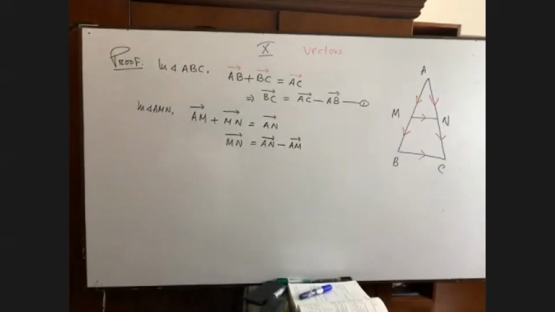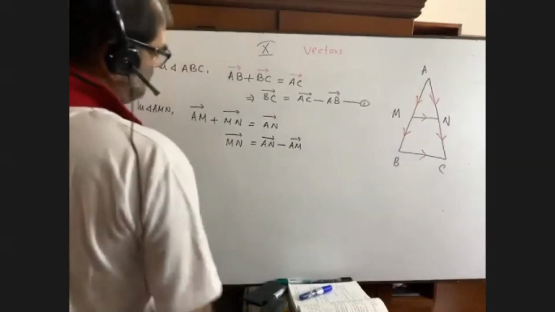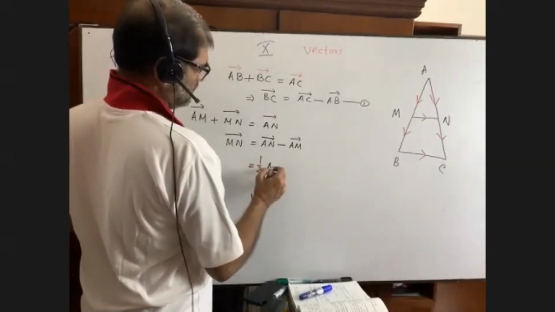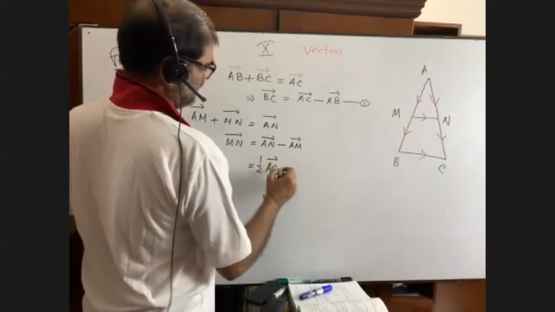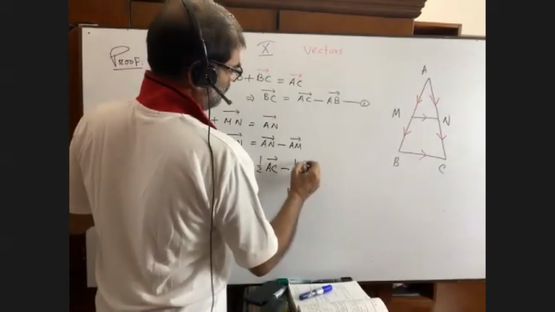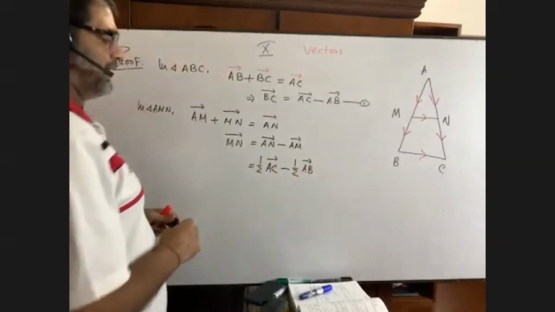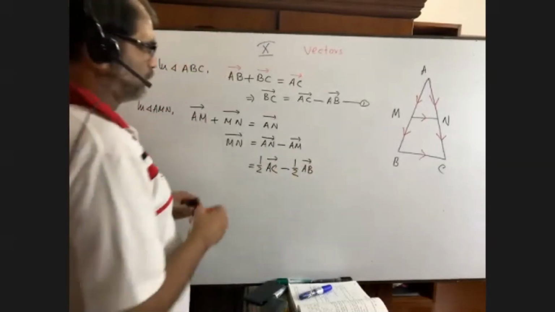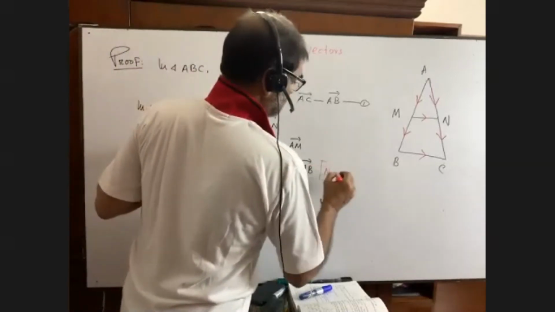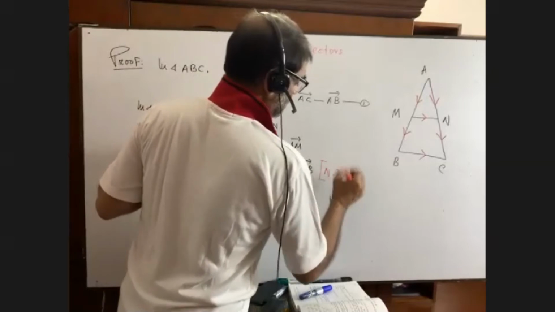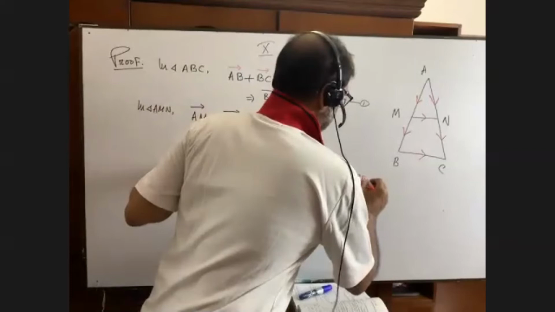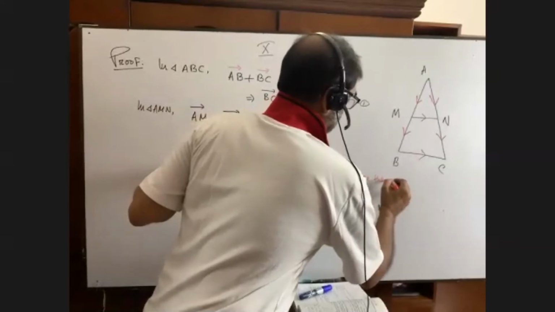Can you please let me know what is AN? AN is half of AC. AM is half of AB. Why? Because M and N are the midpoints. Side note: N and M are the midpoints.